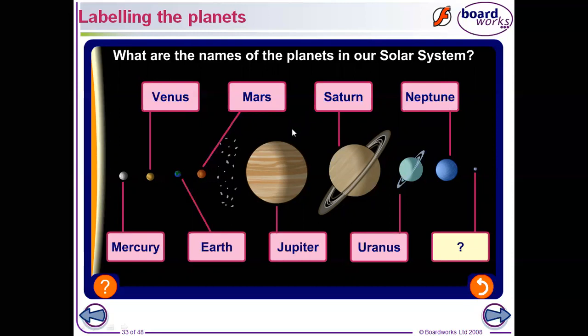Some of them are gas giants, others are ice giants. The last two here are ice giants, and the first two here after the asteroid belt are gas giants, because they are composed more of gas than solid.